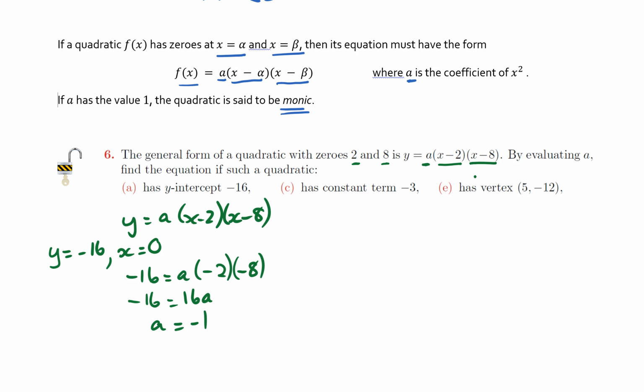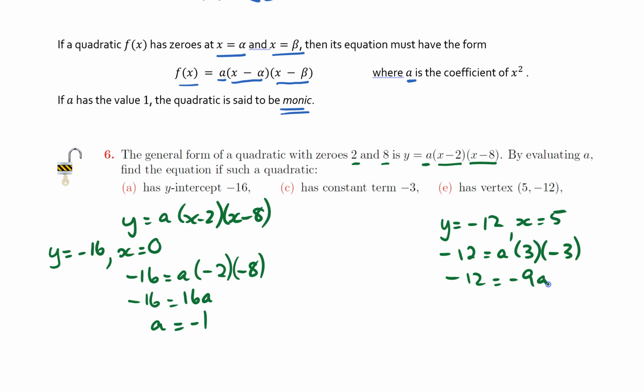I'll do one more of these. So has vertex 5 minus 12, then that's just saying that when y is minus 12, x equals 5. So we substitute that in. Minus 12 equals a outside of 5 minus 2 and 5 minus 8. So minus 12 is minus 9a.